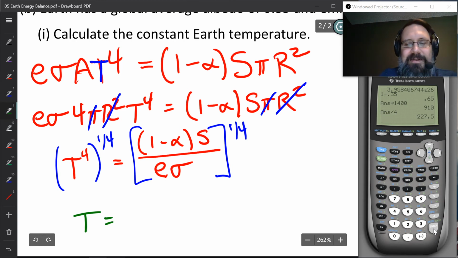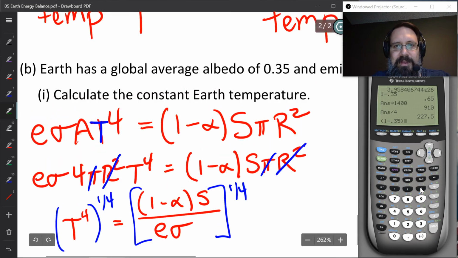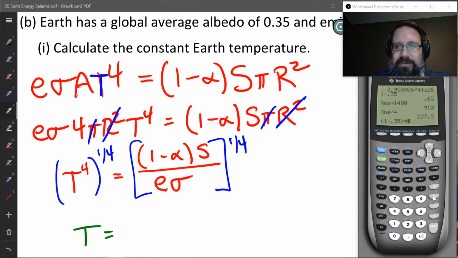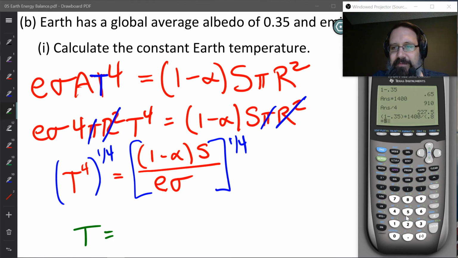Okay, let's calculate it. Let's start plugging in. We're going to do 1 minus the albedo. The Earth's albedo was 0.35, I think that's right. Yep. Times the solar constant, which was 1400. Then we're going to divide by the emissivity of the Earth, which was 0.8, times the Stefan-Boltzmann constant, which you'd look up in a data booklet, 5.67 times 10 to the negative 8th power.